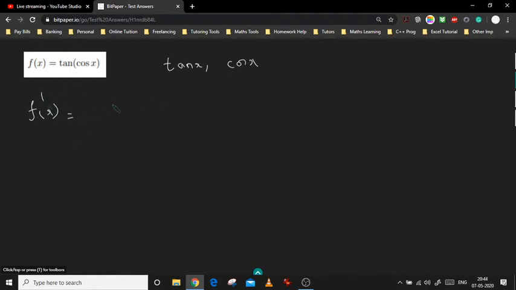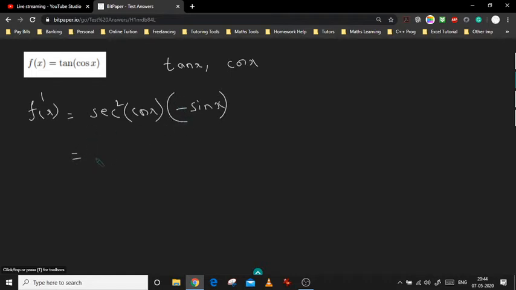So therefore f dash of x equal to differentiation of tan function is secant squared x. So instead of x we have to put the cos. So it's going to be secant squared of cos x, and then differentiation of cos x. Differential of cos x is minus sin x. Okay, remember to put the brackets appropriately.